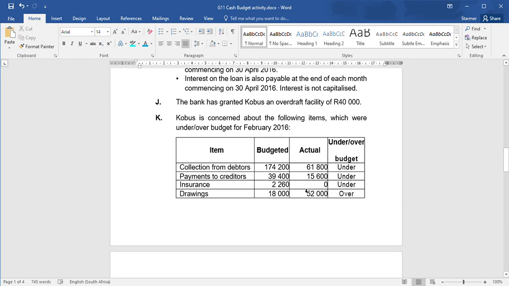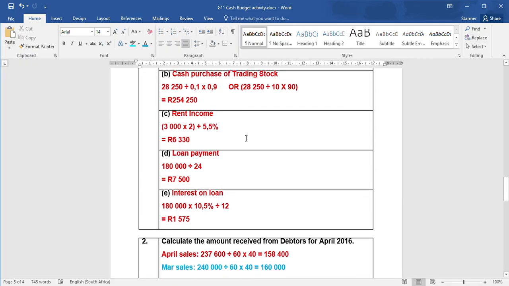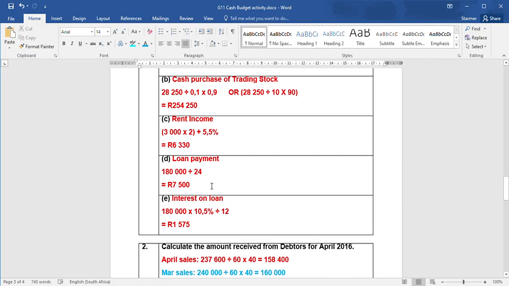So you're going to take 180,000 and divide it by the number of months that you are paying that back in. In other words, it's 180,000 divided by the 24 months, which will give you 7,500 rand per month. In terms of the interest, because we had the loan for the entire month, you take the 180,000, times by the interest rate, and because you want 1 month, you divide by 12, and that gives you 1575.